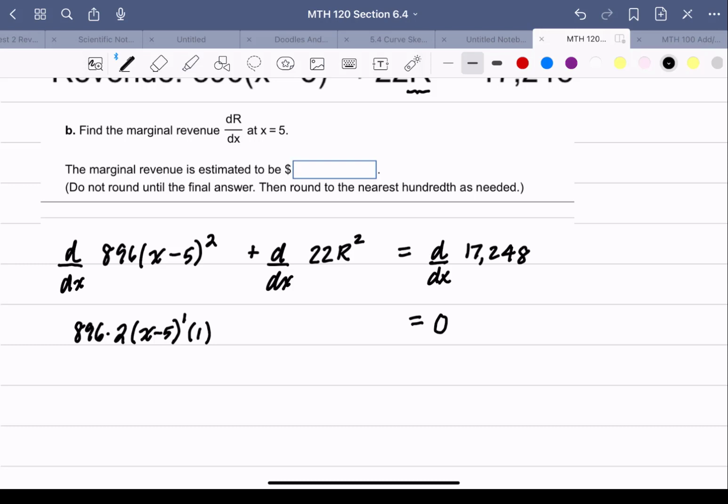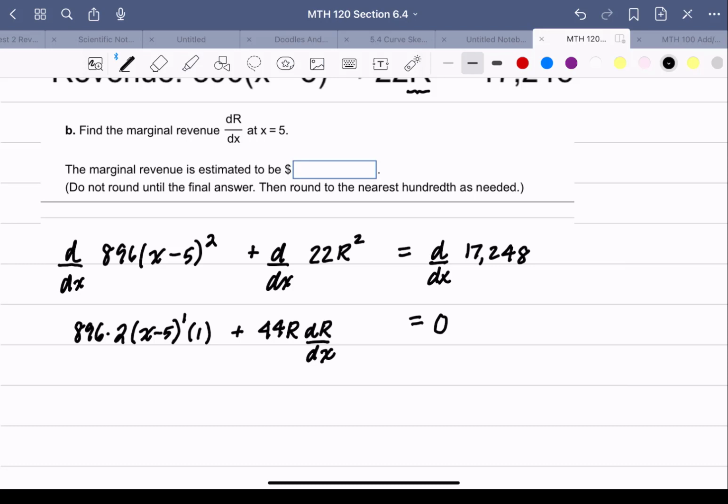But it's always important when you have a base that has more than one term in there, like x minus 5, or if it has a 3x squared or some other base that you could take the derivative of, you apply the chain rule. Plus, this is going to be 44r, and then the derivative of the base is going to be dr/dx.